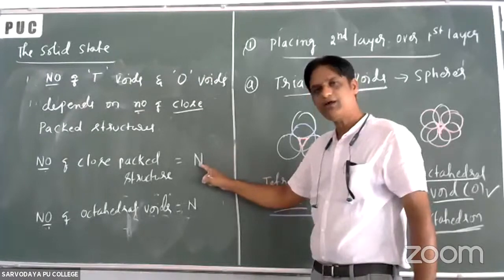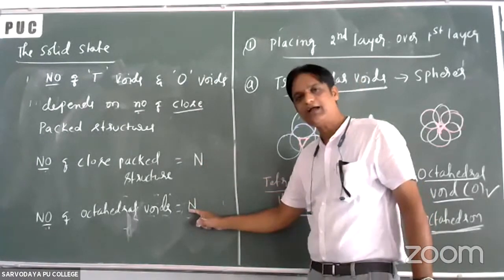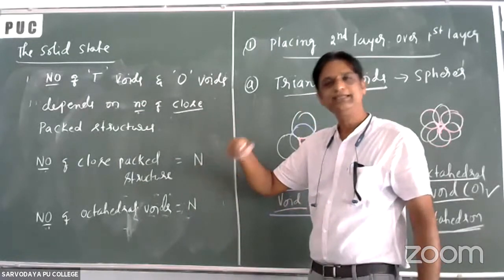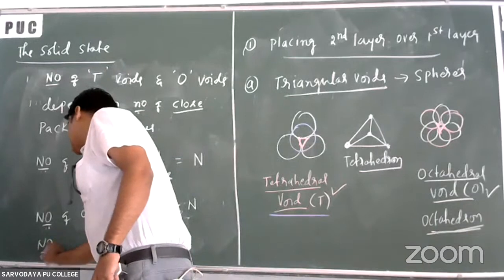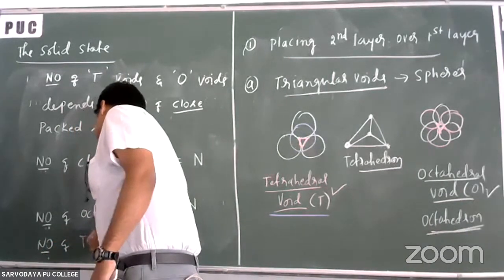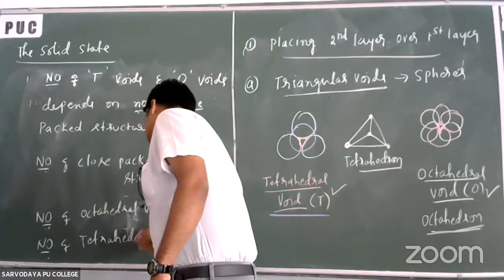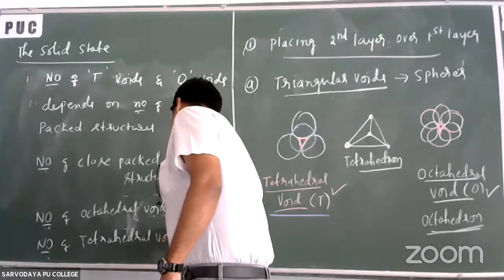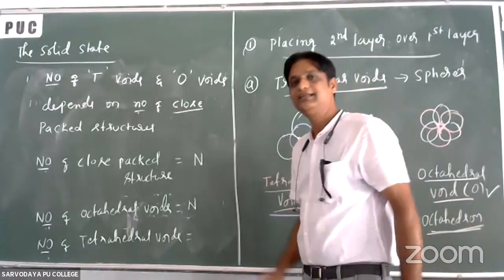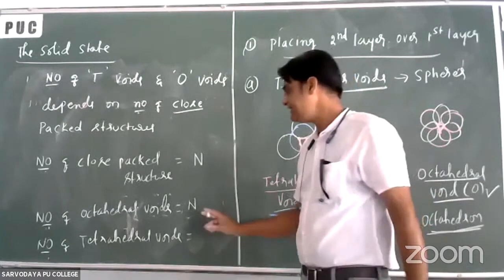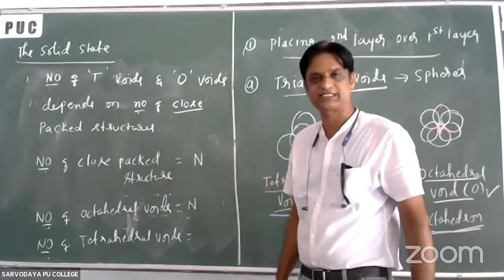Okay, so the number of close packed structures, if we take that as n, the number of octahedral voids generated is also n. What about the number of tetrahedral voids? The number of tetrahedral voids is twice the number of close packed structures.